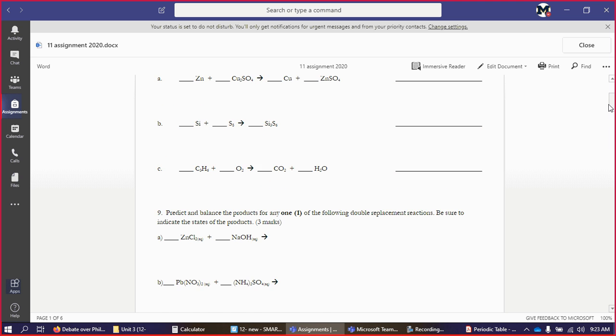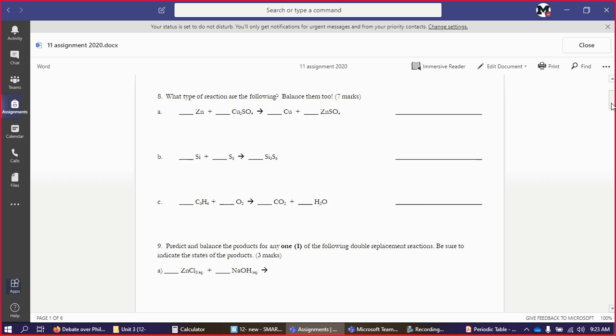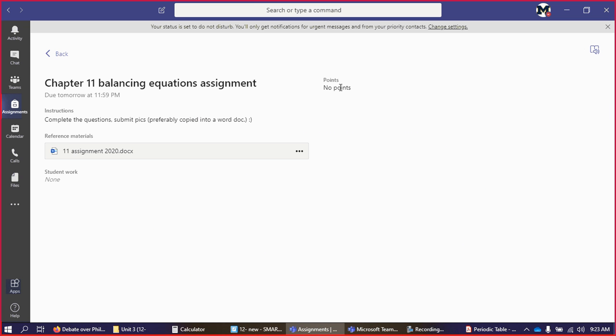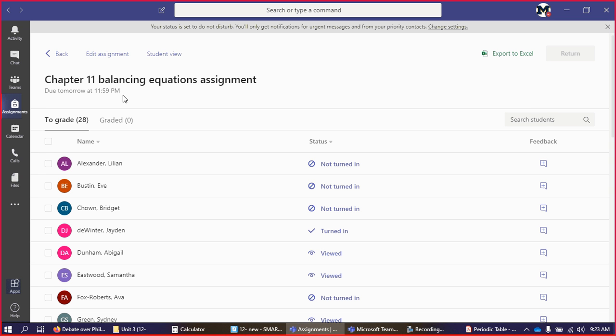Which one of them gets significantly easier? Yeah, I'll edit that and just update that document. I don't know who's turned it in so far.